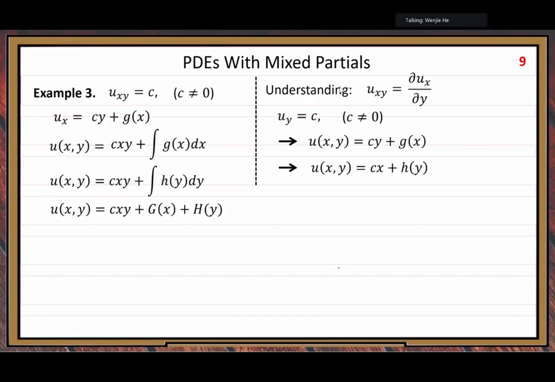You can take the derivative of capital G and get little g. Similarly, capital H function, the antiderivative of this integral, must be differentiable also. So your final form should be this form with a differentiable capital G function and a differentiable capital H function. That's the final form.